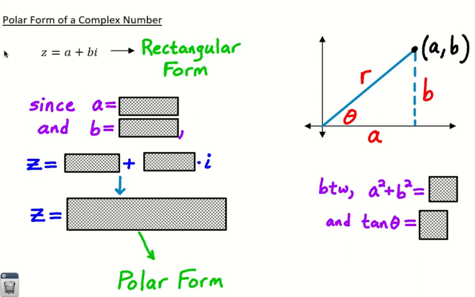So A plus BI would be called rectangular form, and we want to talk about what would be polar form. Well, we can do that pretty easily because, looking at a polar plane, isn't A and B pretty much the same as having X and Y? So think about last section where we were turning X's and Y's into R's and Thetas.